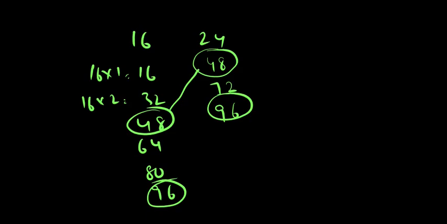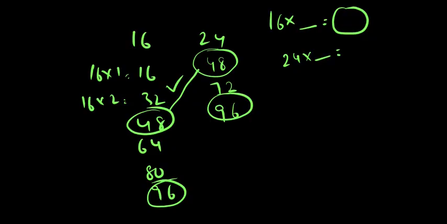That is, 16 into some number should be this least common multiple, and 24 into some number should be this one. So this is a multiple: 16 into some number and 24 into some number should be the same number, that is called a common multiple.